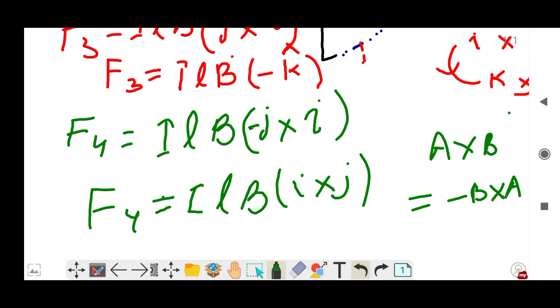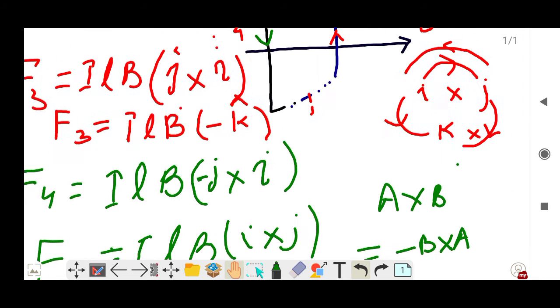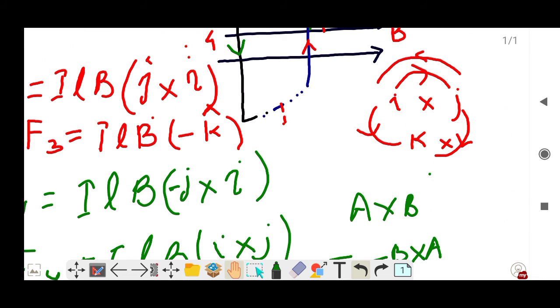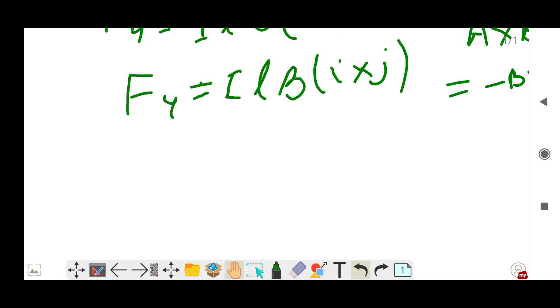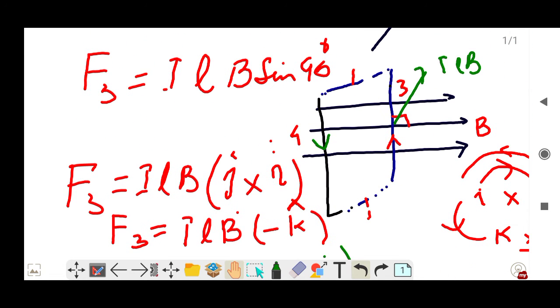So that's what I have done here. So I cross J, and you know that I cross J as per this cross product of vectors is equal to K. So this time you'll get it as K. So therefore you'll write your force F4 is equal to I, L, B into K. Now what does K mean in this figure? K means that the force is coming out.